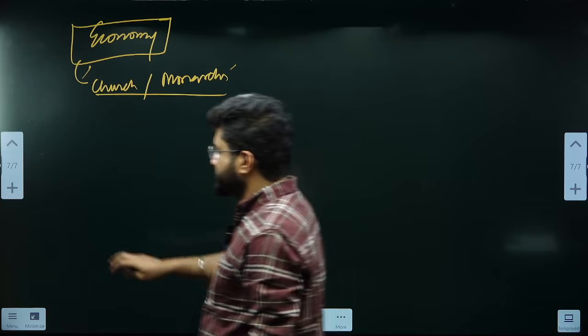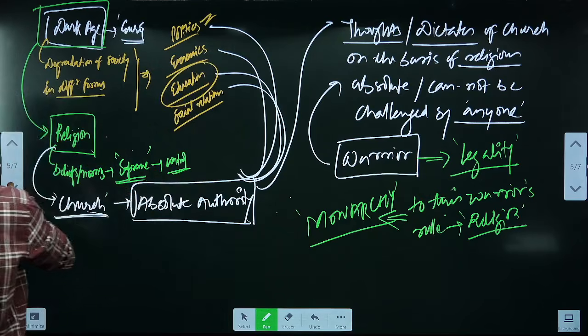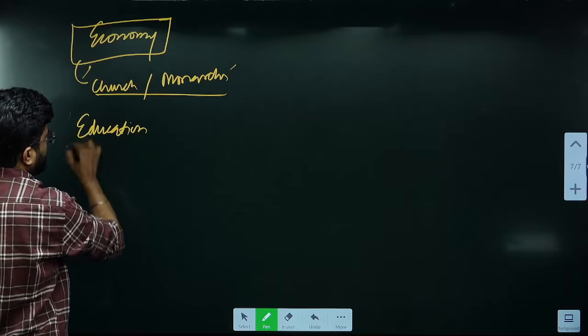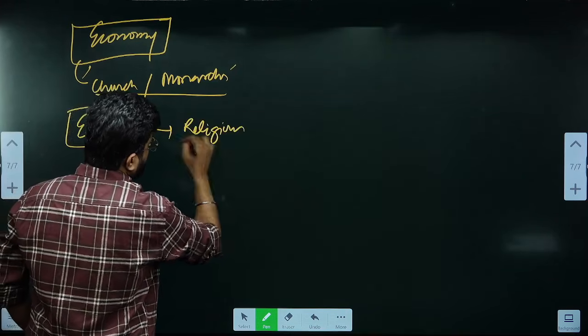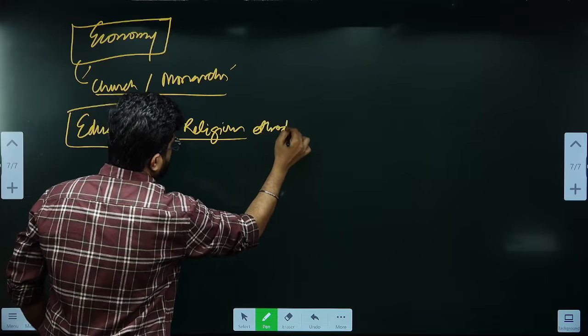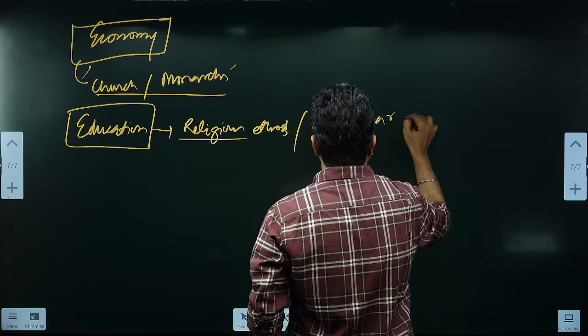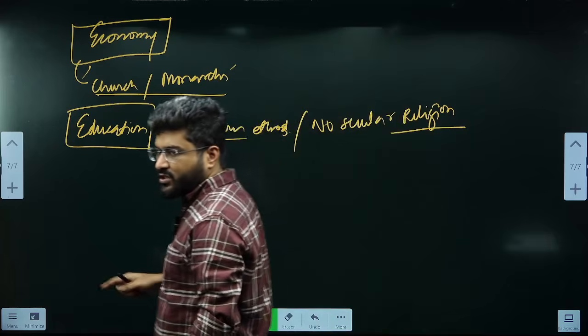Okay, so economy has been controlled, politics has been controlled. Then education: whatever education the society is going to have, that education will have religious ethos. There is no secular education. Whatever the church says, you have to accept.